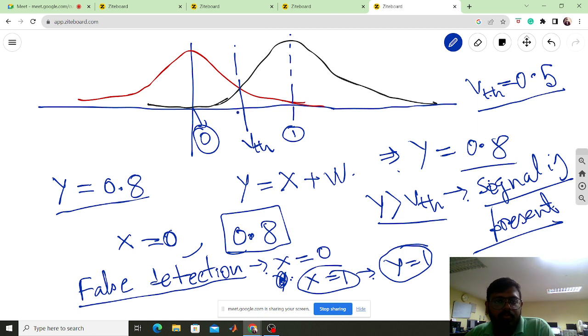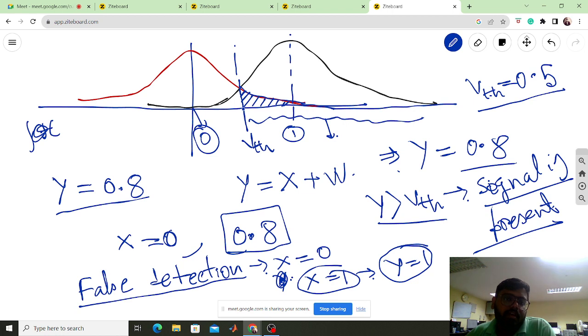So what is the probability of that? This area under this red curve. For this particular region, with VTH on this Gaussian curve, we have to calculate the area under this curve, and that is the probability with which the false detection can happen.